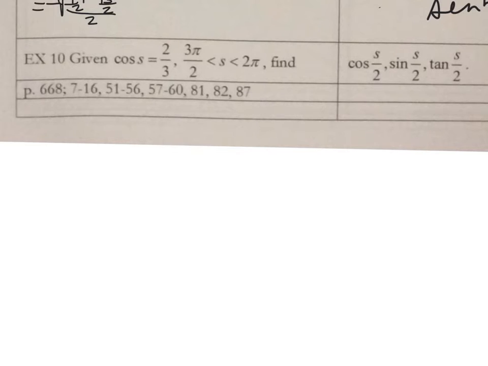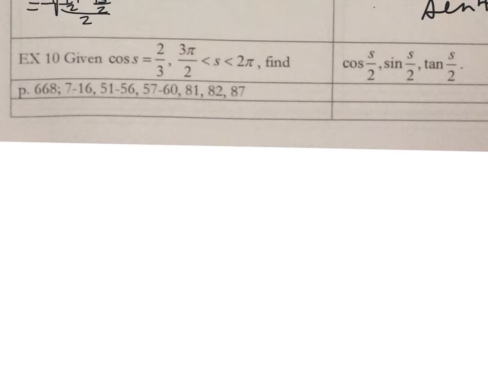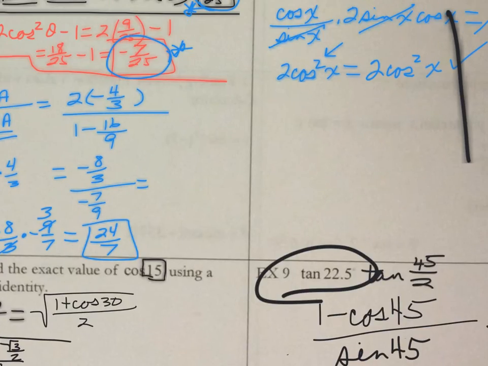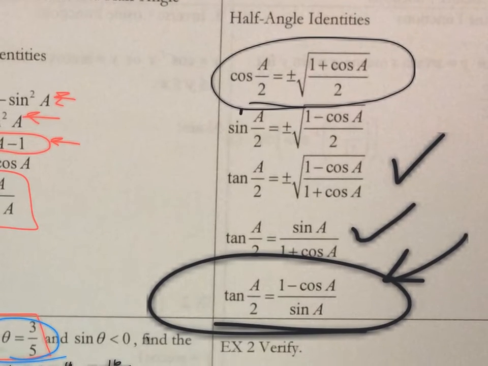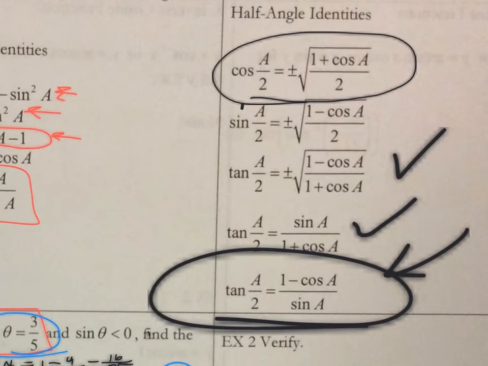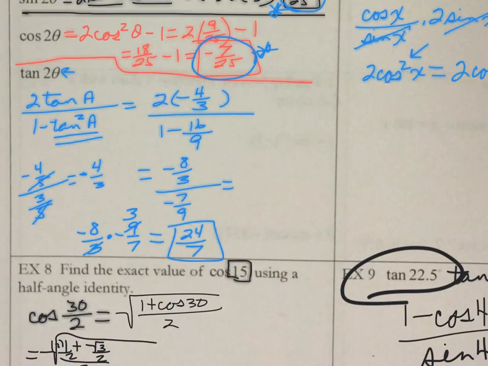Now, rather than do all three of these, sine of s over 2, cosine of s over 2, and tangent of s over 2, I think I'll just pick one because I think that'll illustrate how to do the others. So, let's go back up here and take a look. One's about the same as the other. So, let's find cosine of s over 2.